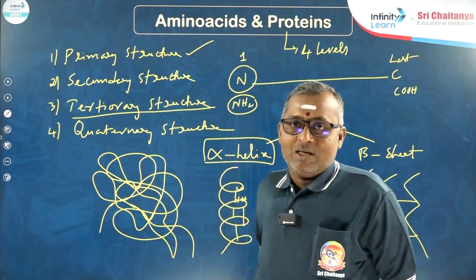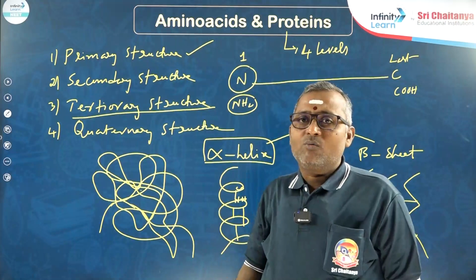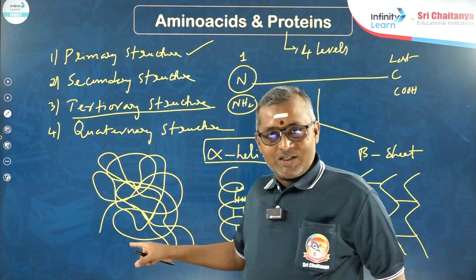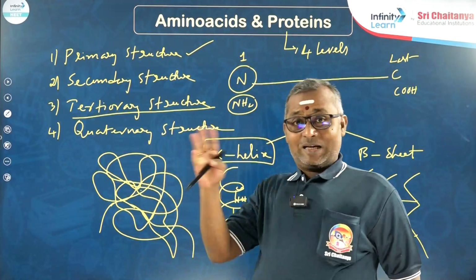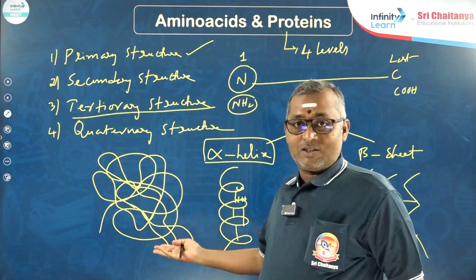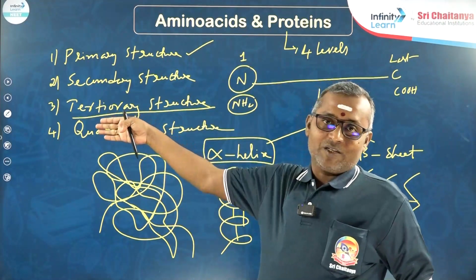This tertiary structure is absolutely necessary to carry out various biological functions. It is not that only tertiary structure is essential. Secondary structure also has some biological functions, and quaternary structure can also do biological functions.